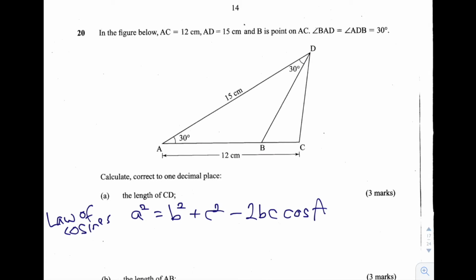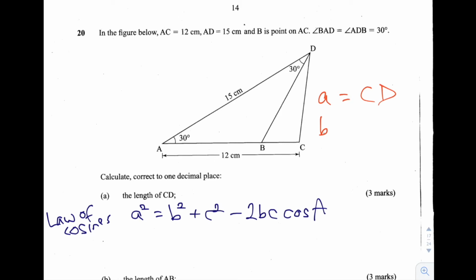Before I begin to use a formula to solve any kind of question like this, I always write down what each of the values that I'm going to substitute into this formula are. So a in this case is CD, that's an unknown. b could either be 15 or 12. We need to make sure that we're consistent. If we stick to using b equal to 12, we don't switch around.